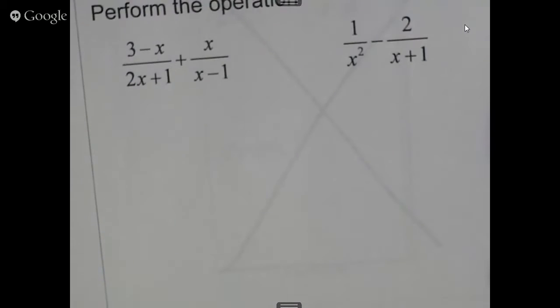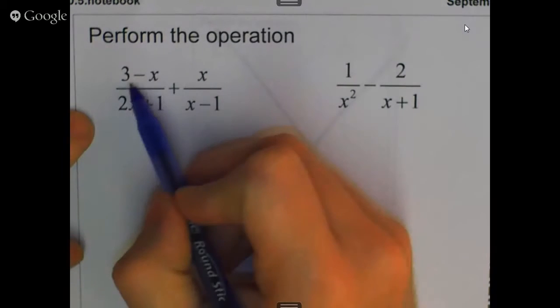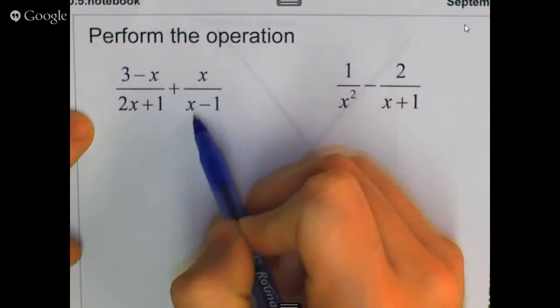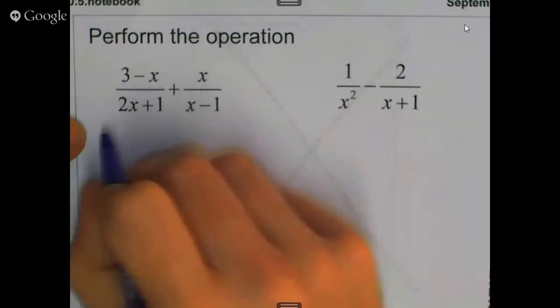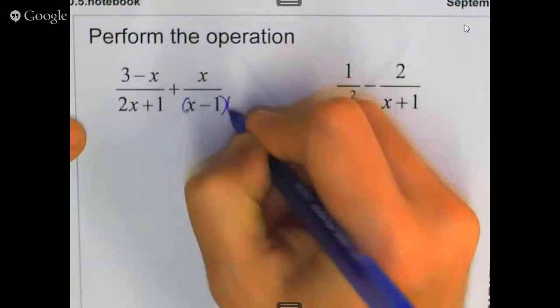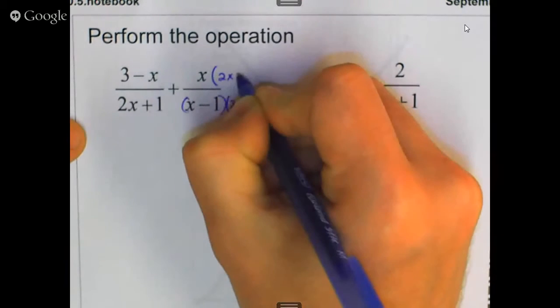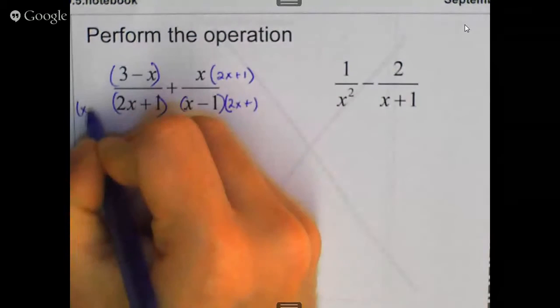Okay, let's try some harder ones here. Perform the operation: (3 minus x) over (2x plus 1), plus x over (x minus 1). Step 1 is to factor everything, and we are all factored out. Step 2 is to find the common denominator. The easiest way is to multiply the denominators by each other. So this one needs the 2x plus 1 in the top and the bottom, and this one needs the x minus 1.